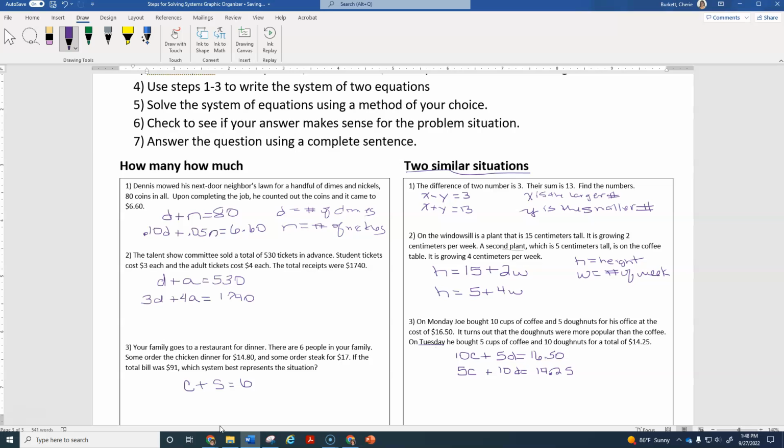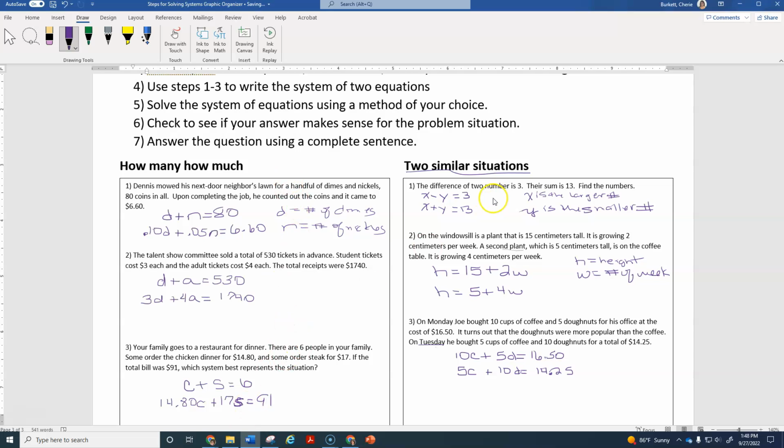So chicken dinner, $14.80 for each chicken dinner, plus $17 for each steak dinner. I'm trying very hard to make that look like an S. Each steak dinner, and altogether we spent $91 on dinner. How many meals we purchased, how much those meals were worth.